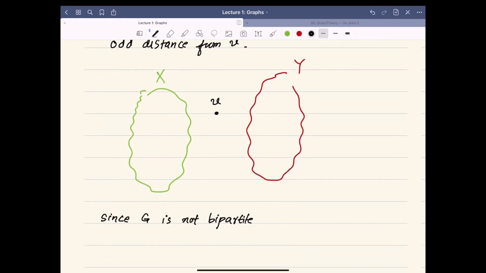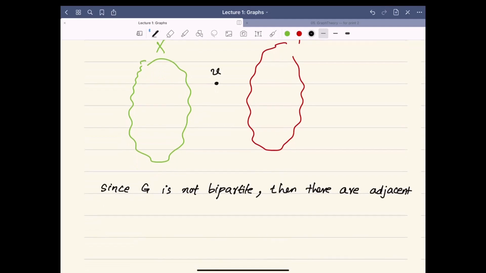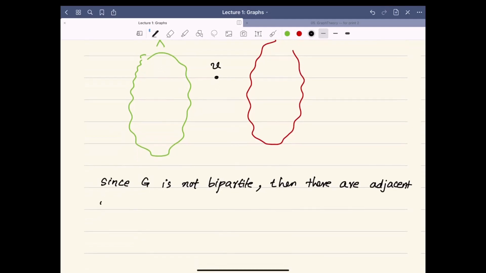So according to this, since G is not bipartite, then there are adjacent vertices, and we will give them a label.